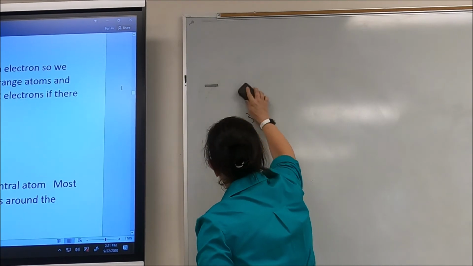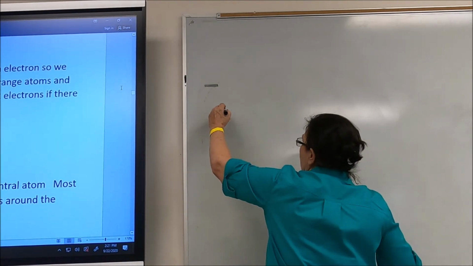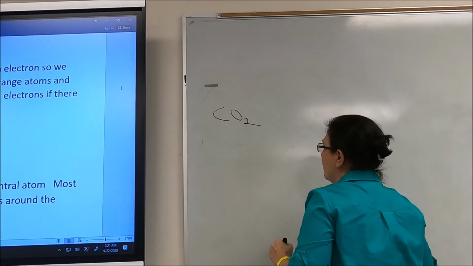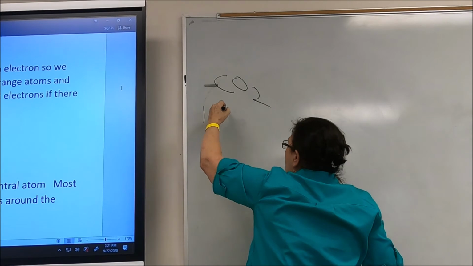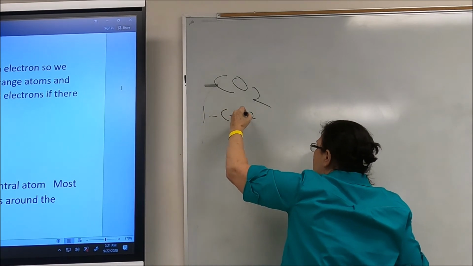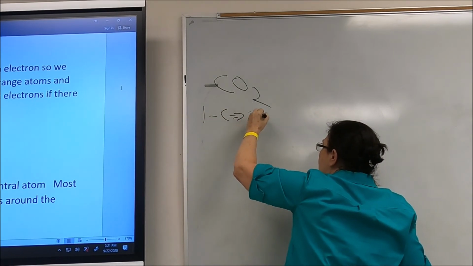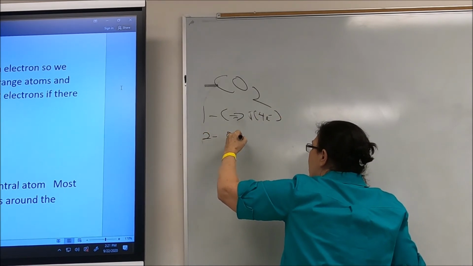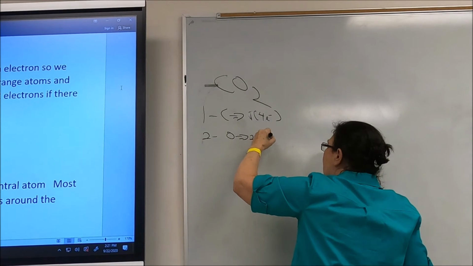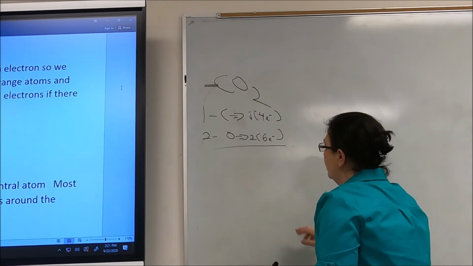Let's try carbon dioxide. Write that a little higher. So I've got 1 carbon at 4 valence electrons. We've got 2 oxygens at 6 valence electrons apiece.